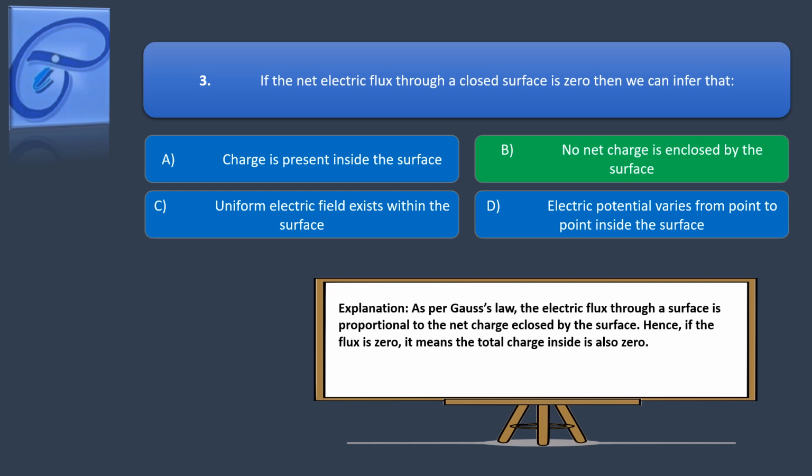The explanation: as per Gauss's law, the electric flux through a surface is proportional to the net charge enclosed by the surface. Hence, if the flux is 0, it means the total charge inside is also 0. So option B, no net charge is enclosed by the surface, is the right option.